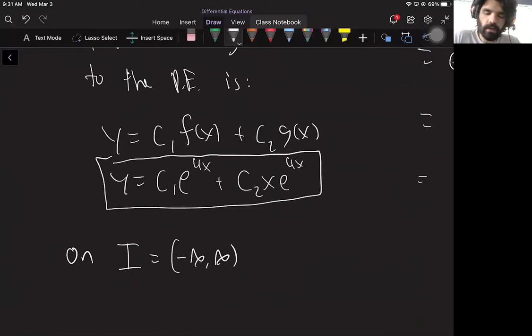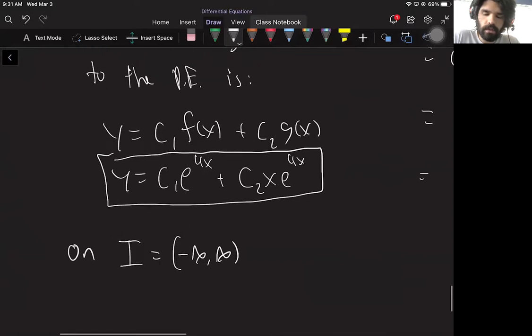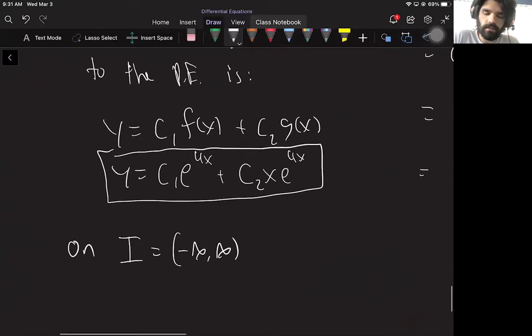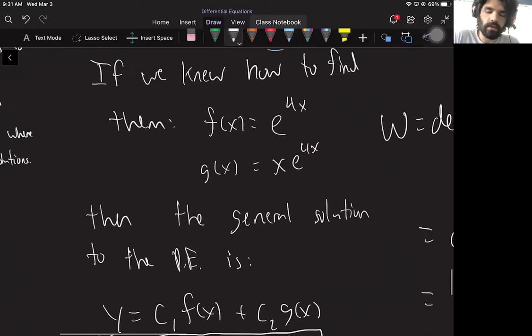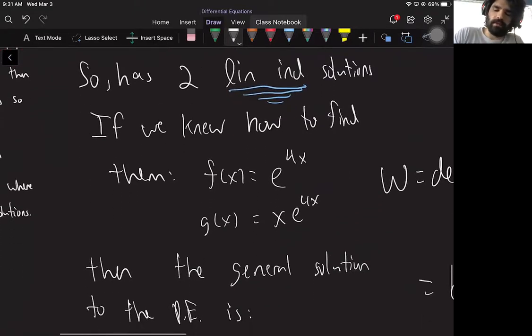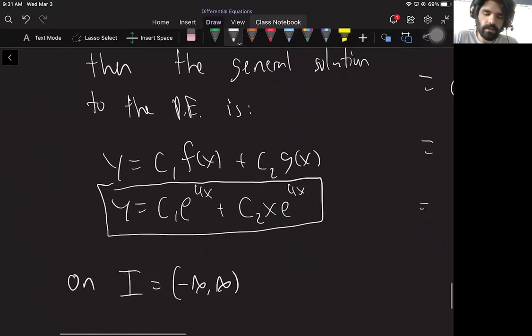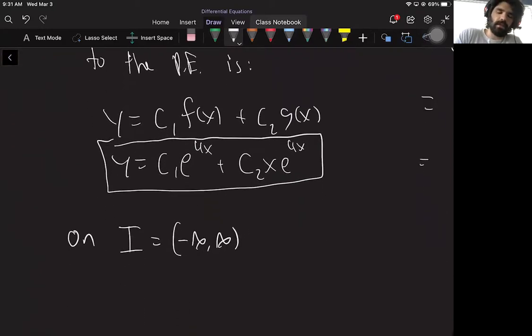So the interval here is negative infinity to infinity, because this function is continuous and has a derivative on the whole real line. There's no weird undefined things going on for these two functions. Plug whatever you want in, it always looks nice. So that's why this time I can say the interval with confidence and not really have to worry.